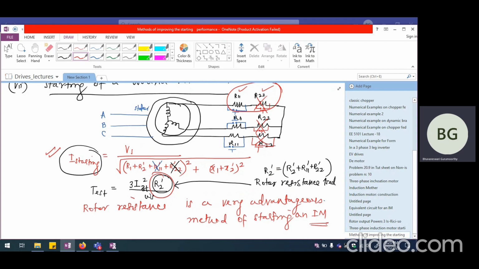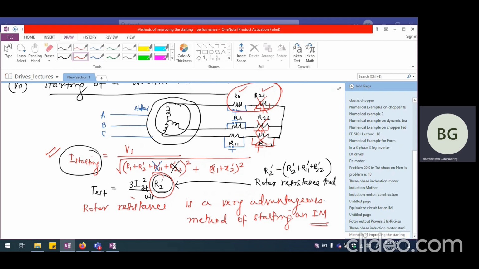So using a wound rotor induction motor is done very, very rarely, unless you are employing it in an application where you need to reduce the starting current but simultaneously want a good amount of starting torque. So wound rotor induction motors are not commonly employed, but they are used in certain applications where you would like a good amount of starting torque and a lower amount of starting current.